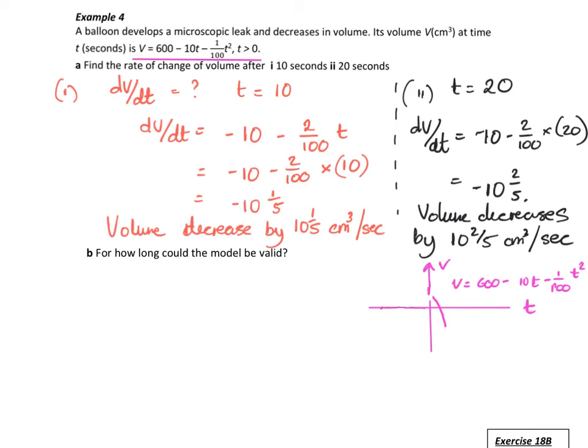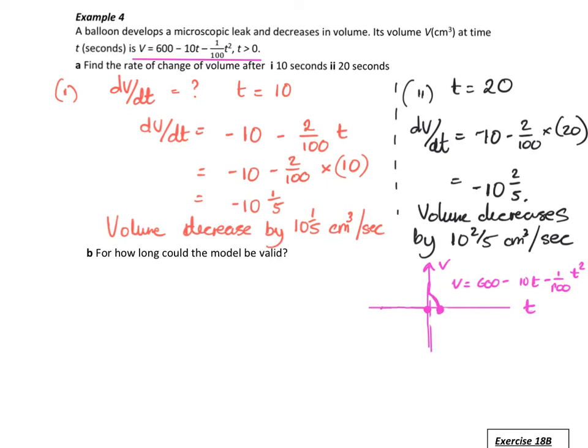So I'm only going from there to there. And again, I don't want anything underneath the graph, because we don't want our volume being negative. So we want time to be positive and we want the volume to be positive. So we're looking at these 2 points here.